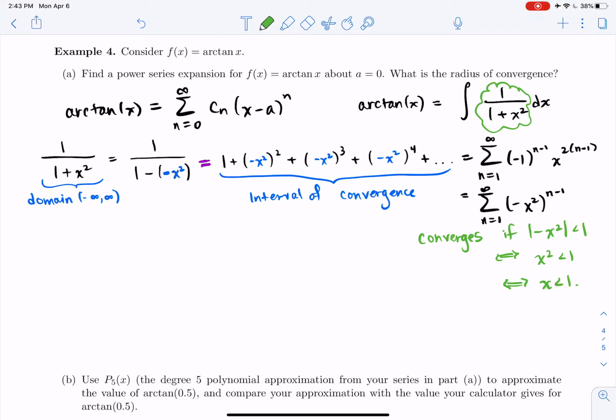Now, we could still test when x equals 1, and in fact, what do you guys think? If x equals 1, does this converge?